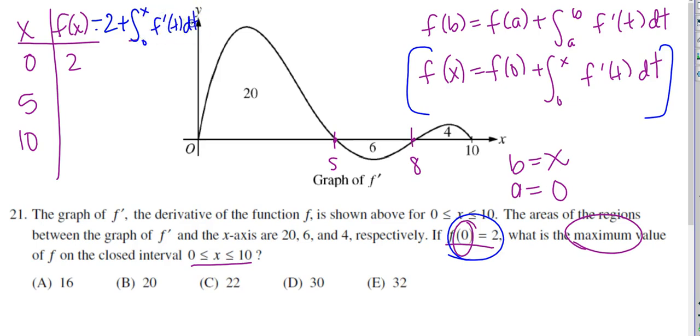And remember, there's two ways to find a definite integral. One is to antiderive, one is area under the curve. In this case, we're going to use area under the curve because that's what we were given. Okay? So f of 5. So now I'm going to come to my f of x. Every time I see an x, I'm plugging in 5. So f of 5 is 2 plus the integral from 0 to 5 of f prime.